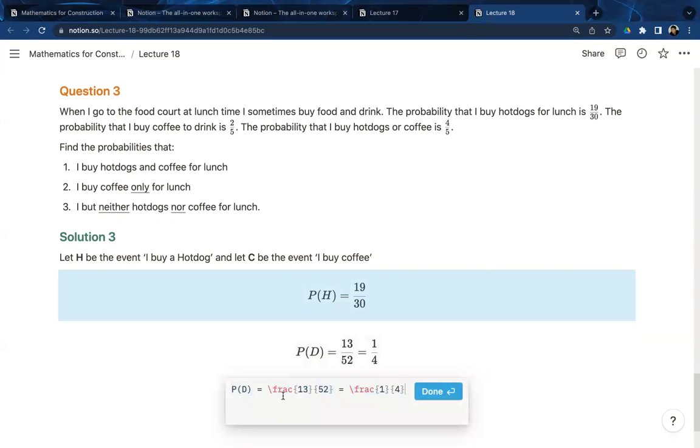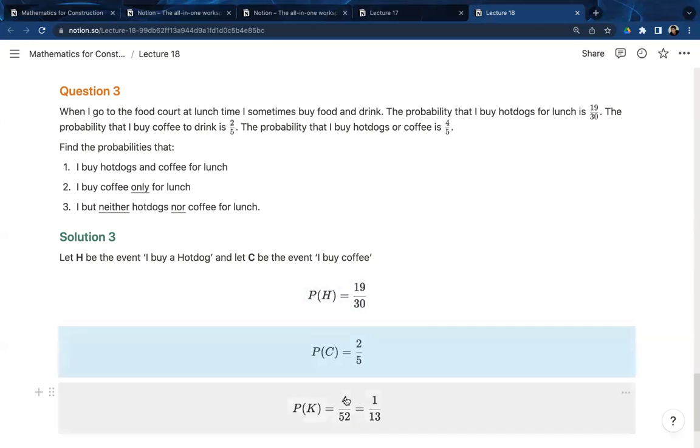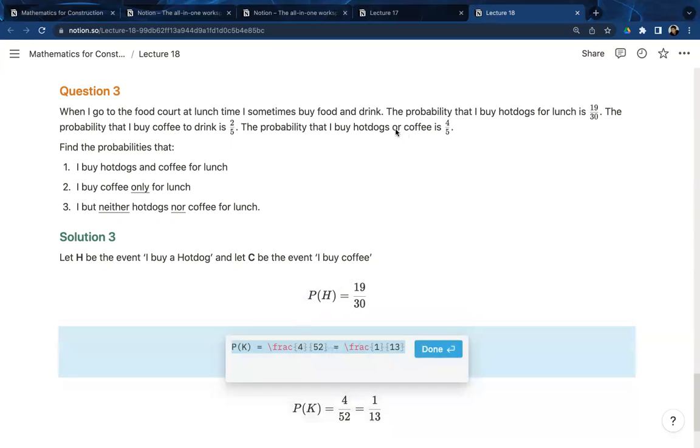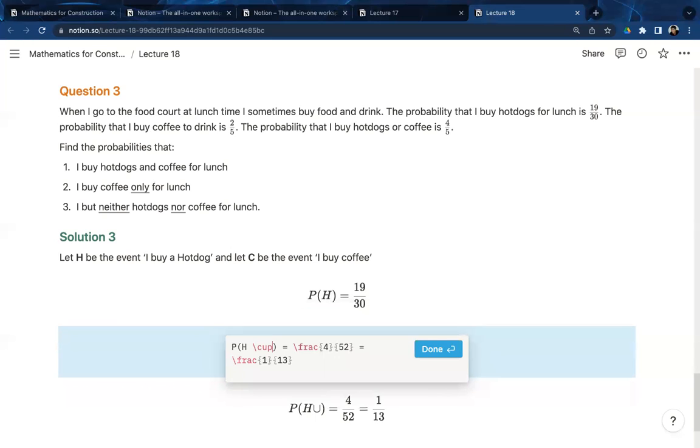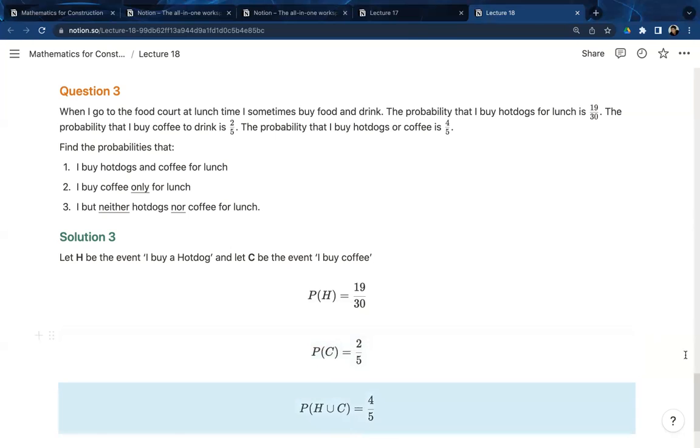The probability of buying coffee, that's C, 2/5. And they gave us the probability of hot dogs or coffee, H or C. It's 4/5.